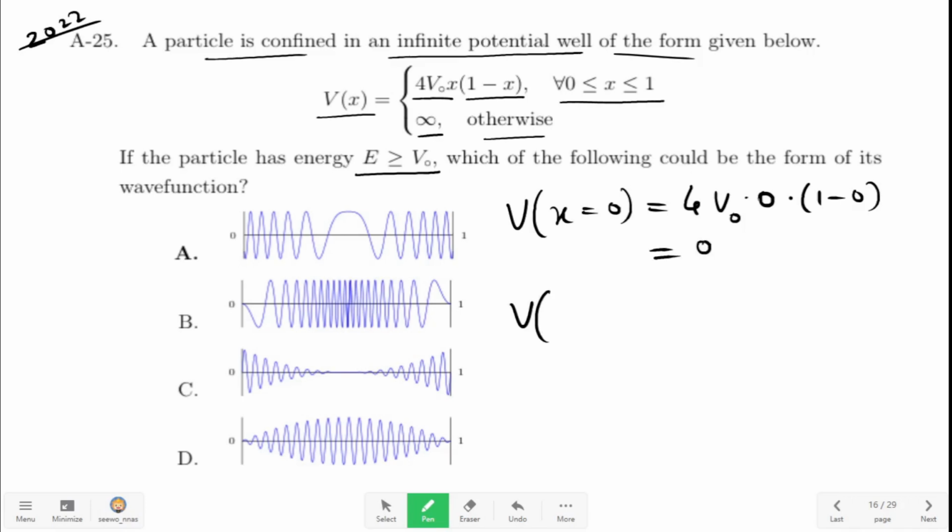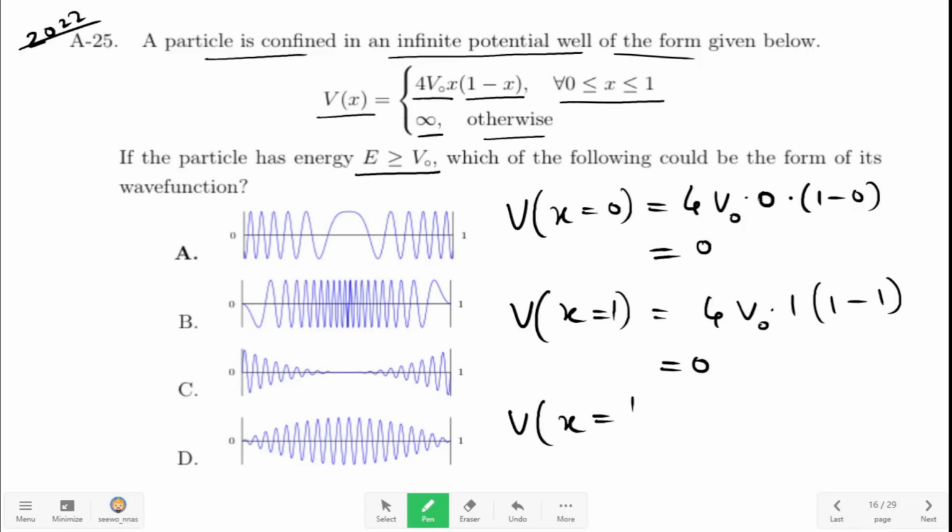Now when x = 1, V(x) is 4 times V₀ times 1 times (1 − 1), which is also 0. Now when x = 1/2, we have V(x) = 4 times V₀ times 1/2 times (1 − 1/2), which is V₀.